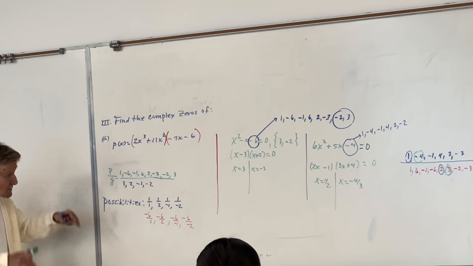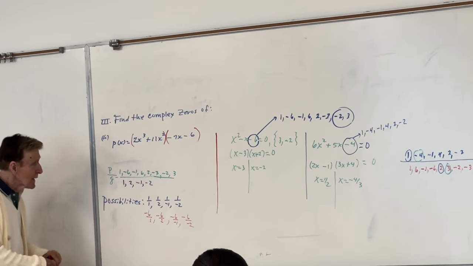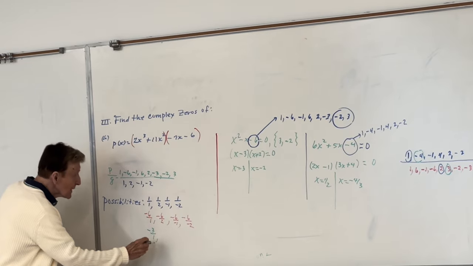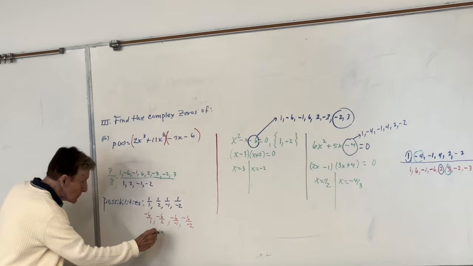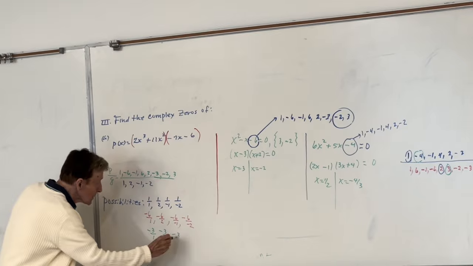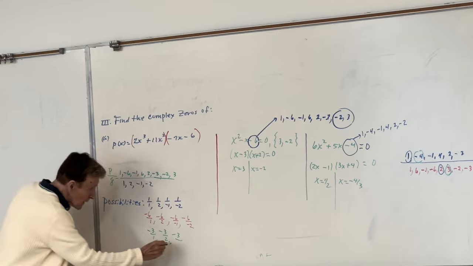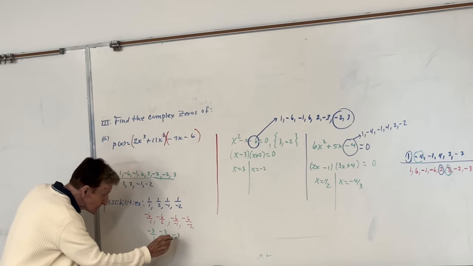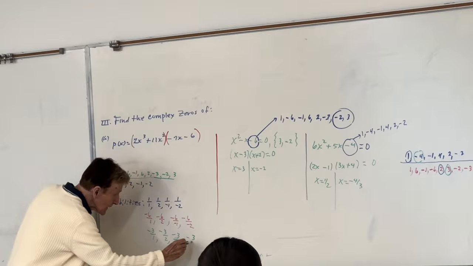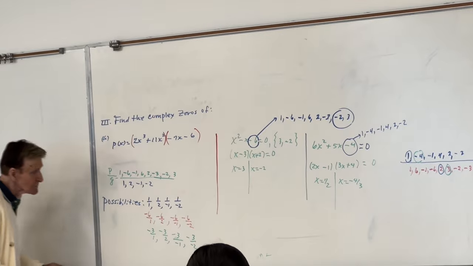So let's leave those out. Let's go down to a negative 3. Negative 3 over 1, possible answer. Negative 3 over 2, possible answer. Negative 3 over a negative 1, possible answer. And negative 3 over a negative 2, another possible answer.